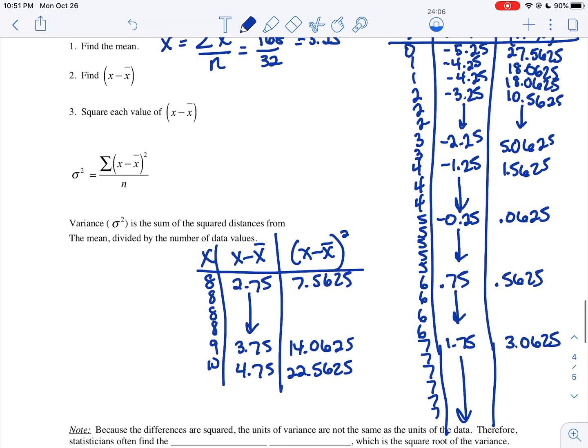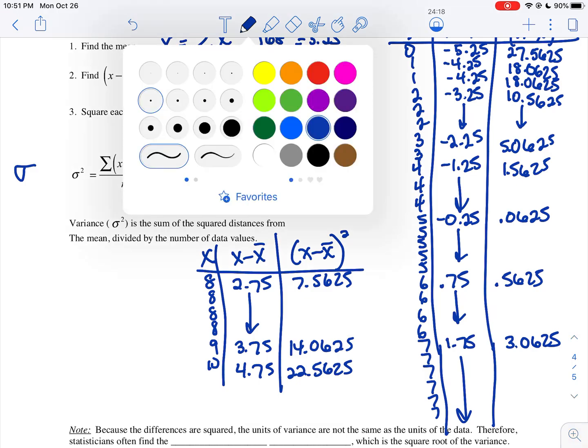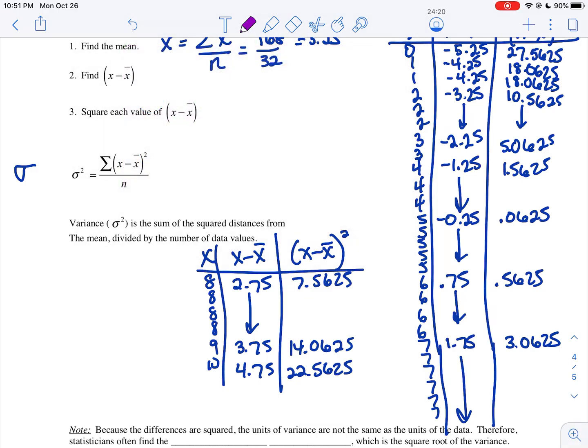So what I just did is we subtracted and we squared. Now why did we do it? Well, the variance uses sigma notation, and what you do is add up all the squares in that far right column. Thankfully I did that already, and I got 198, and n is 32.